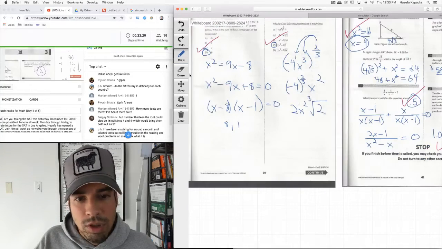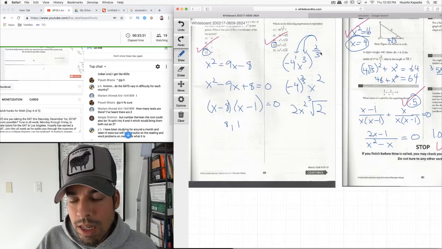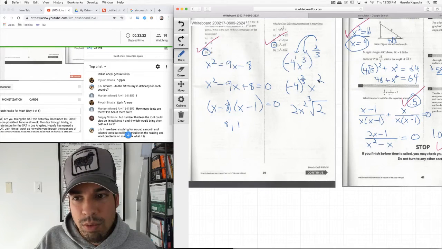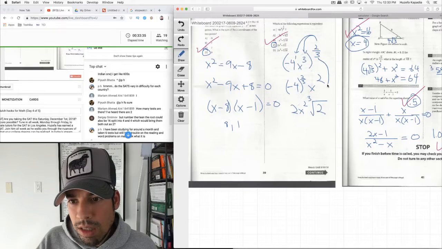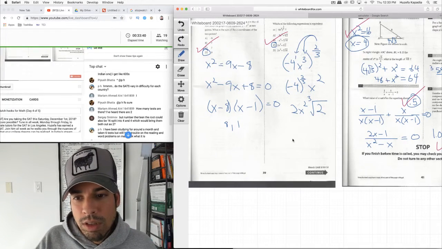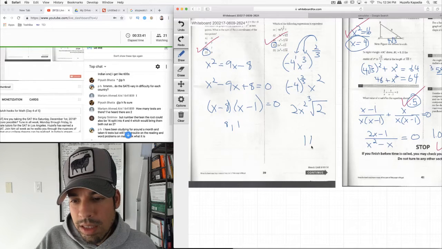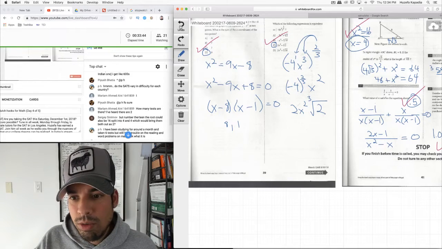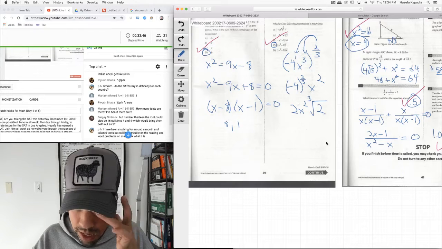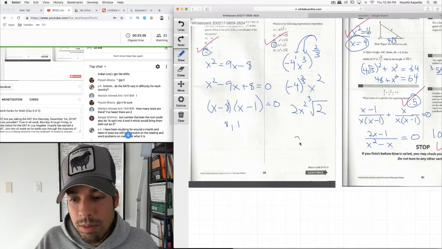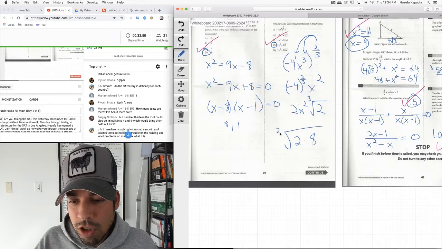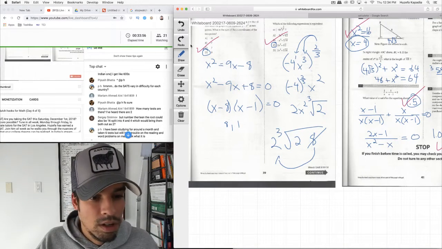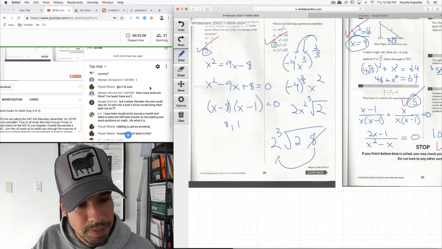If you see here in the work, the denominator determines the power of the root. Since it's a 3 in the denominator, we're talking about a cube root. If you can't take the cube root of 4, you can only take the cube root of 8. So that's why it becomes 2 times the cube root of 8. This is a perfect cube that comes out, and the cube root of 8 is 2. And this guy's trapped. Hope that makes sense.